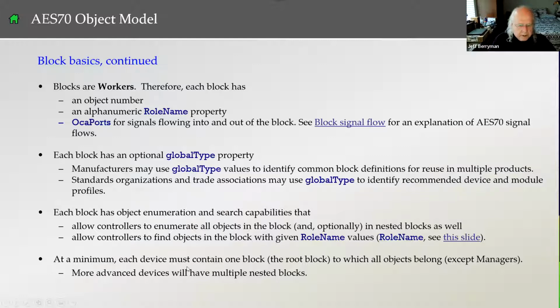Every device contains a minimum of exactly one block. It's called the root block, and everything except managers belongs to it. When you make a device that has more than one block, all those blocks are inside the root block. So the root block always contains everything, and all the objects either belong directly to the root block or to things that are inside the root block.